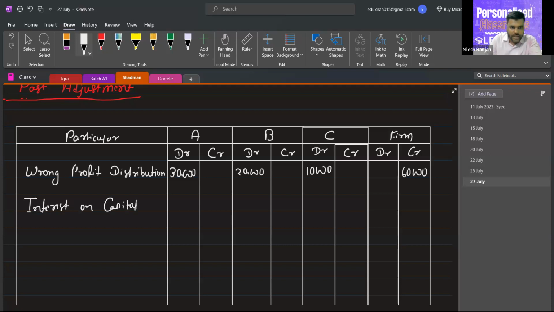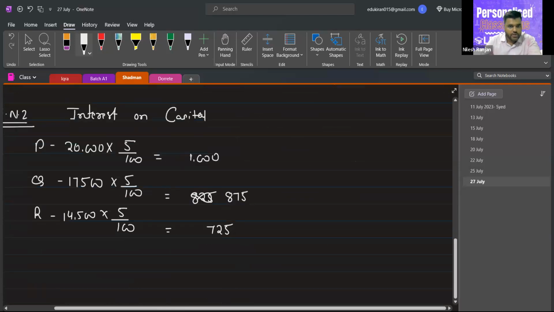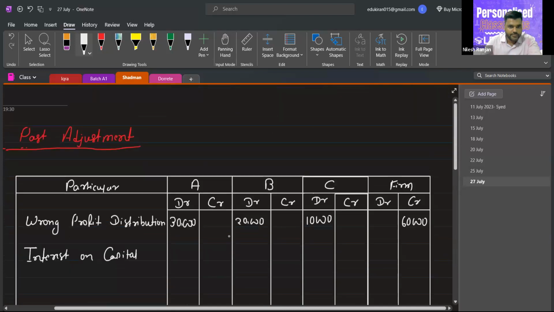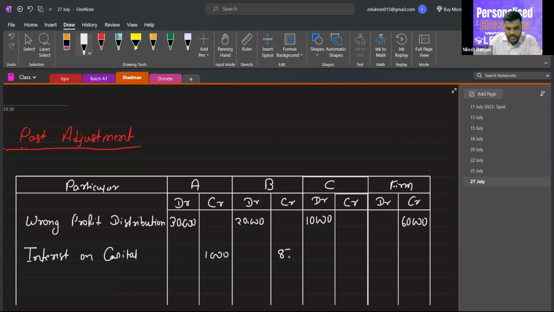Interest on capital will be given to the partner, and what we have calculated here, 1,875 and 725. So it is 2,600.